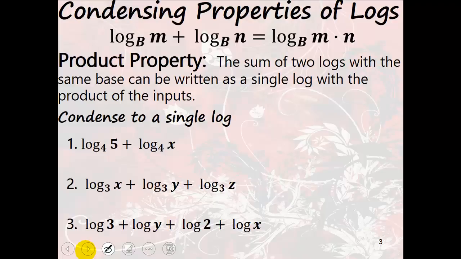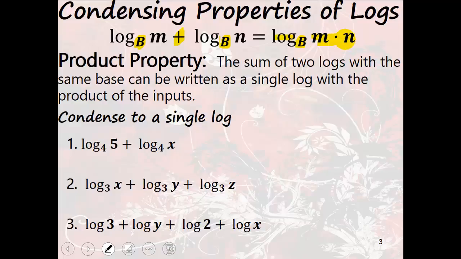So we're going to condense using the product property, and we're just going to look at it from the other perspective. If I have two logs with the same base, and I am adding them together, then to create a single log, I have log in that same base of the product of those inputs. We're just going the other way.